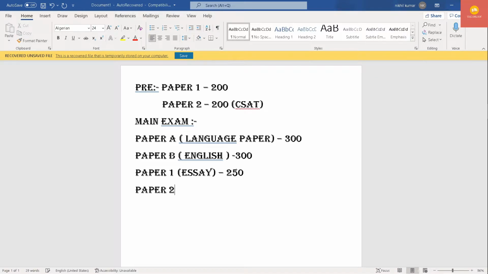Another paper 2, that is general studies, GS for general studies, paper 1, which again consists of 250 marks.